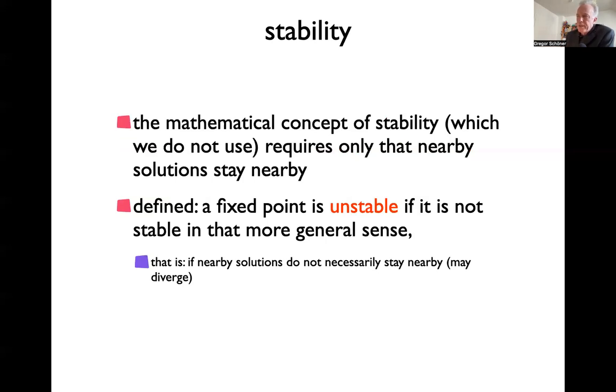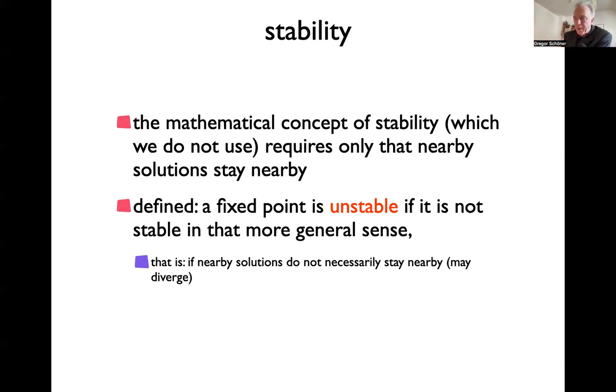And so this is the intuitive notion of being attracted, right? There is another concept of stability that is what mathematicians call stable, and that only requires that if you're nearby, then you stay nearby, but don't necessarily attract. To make this more formal, you have to say something like, given the initial distance, you can give some bound. It doesn't go further than that bound.